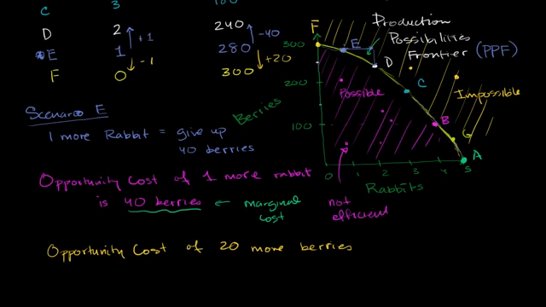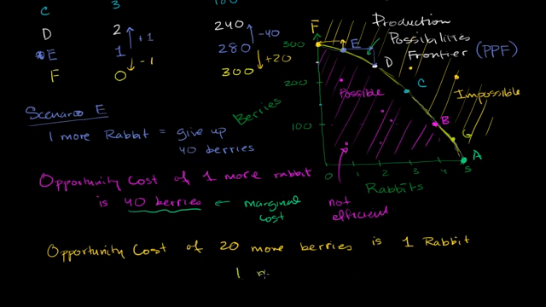So over here, what we're saying is, OK, I want to increase my berries by 20, but to do that, I have to decrease my rabbits by 1. So the opportunity cost, assuming we are in scenario E, of 20 more berries is one rabbit. Now, this right over here is not a marginal cost, because I'm talking about the cost of 20 more units, not just one. If I want to write this as a marginal cost of one more berry, then I could just say, well, if 20 berries is one rabbit, you could essentially divide both sides by 20.